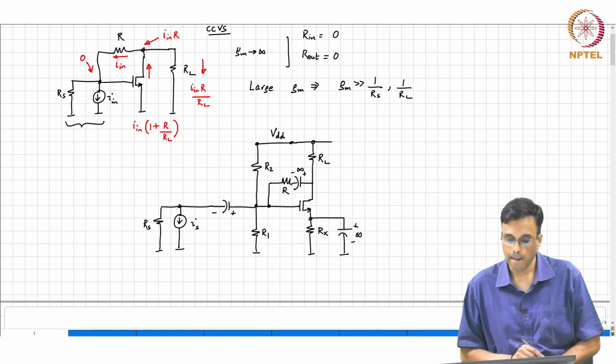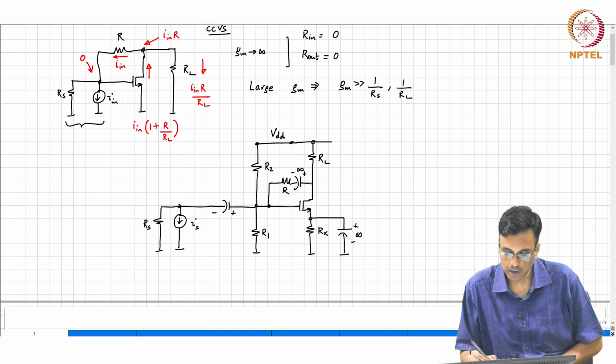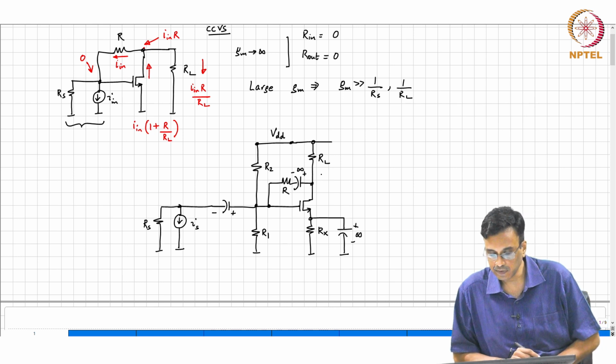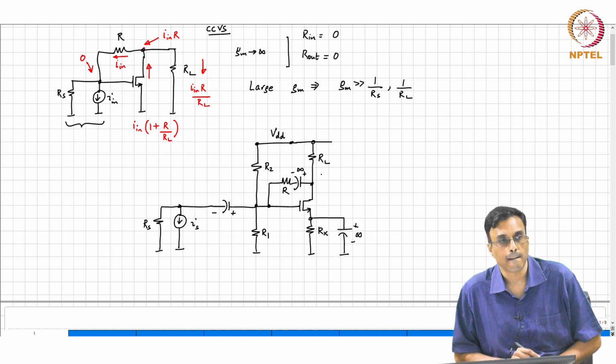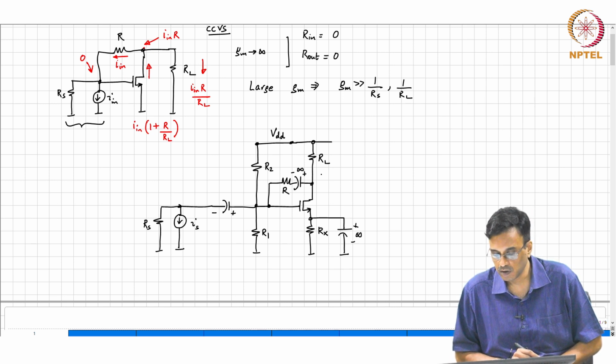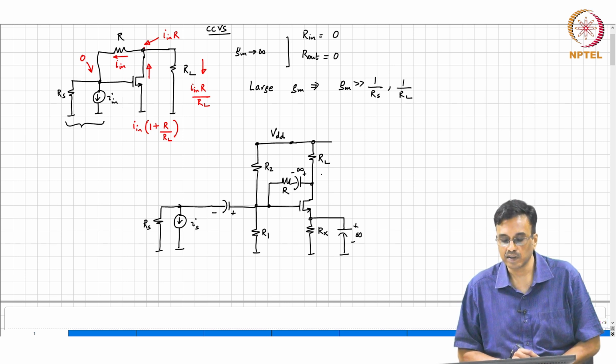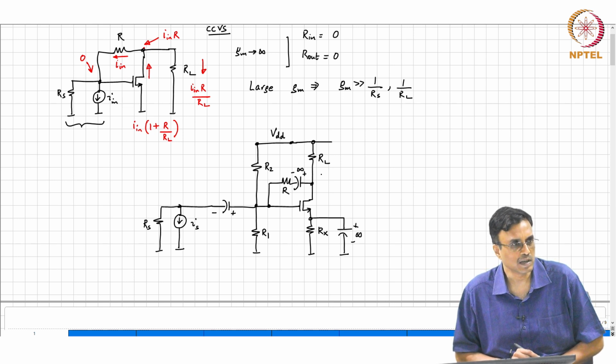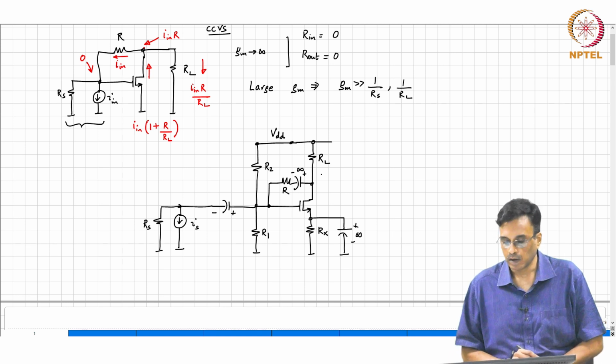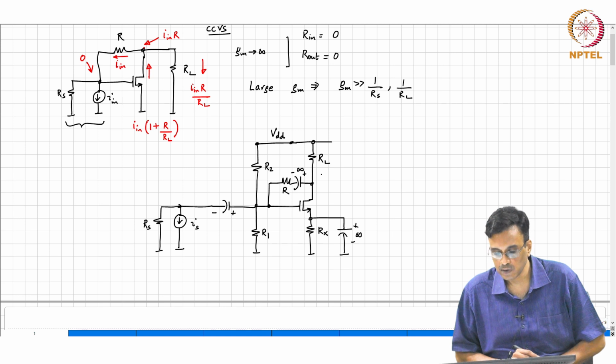Put R. Okay. What happens if I don't put a capacitor? Yeah, depending on the choice of R1, R2 and RL, current could flow through the resistor R and thereby disturb the operating point of the transistor.